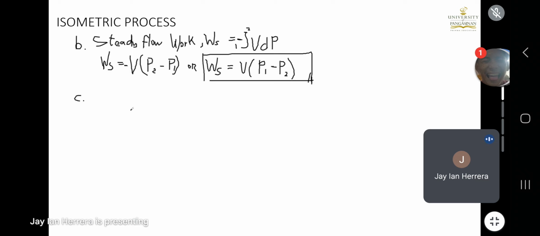Next is the change in internal energy, delta U. Na-discuss naman natin doon sa specific heat na problems. So the general formula for this is m Cv delta T.